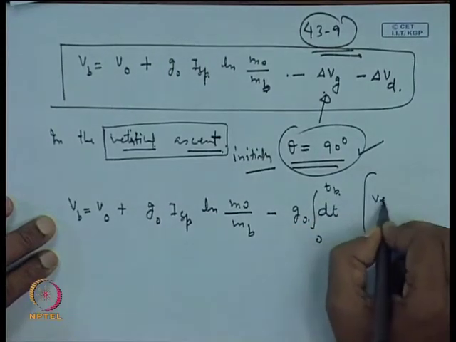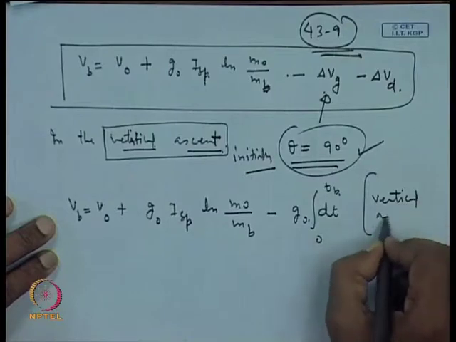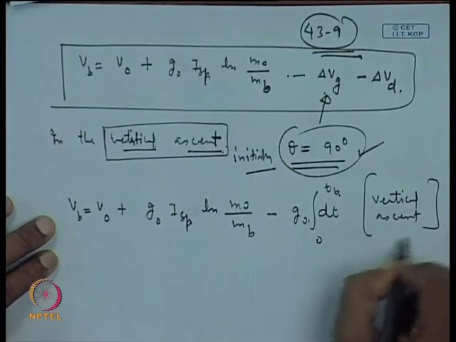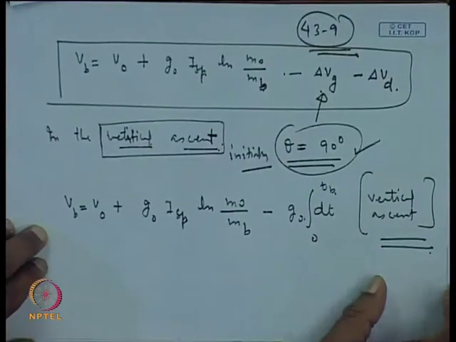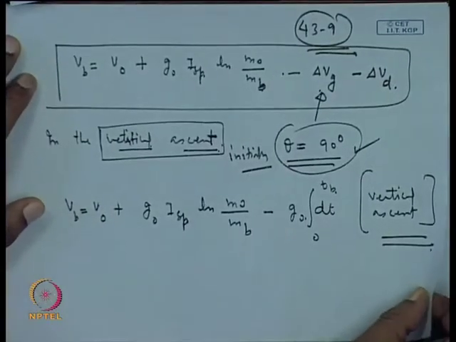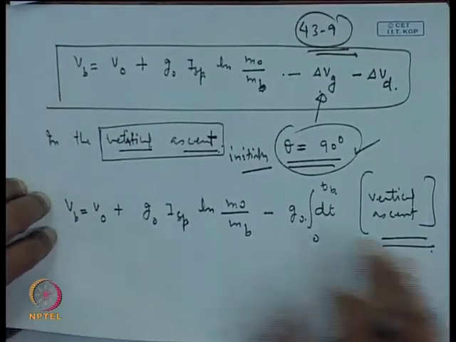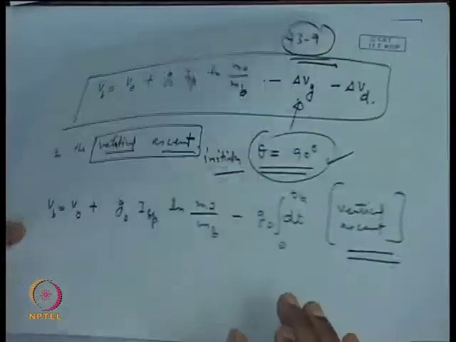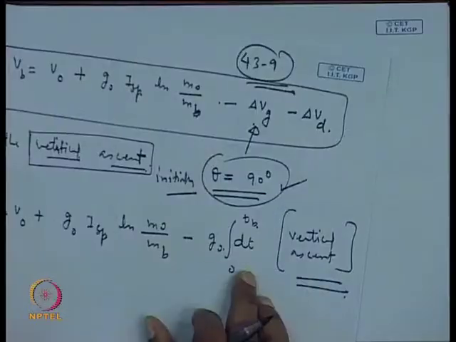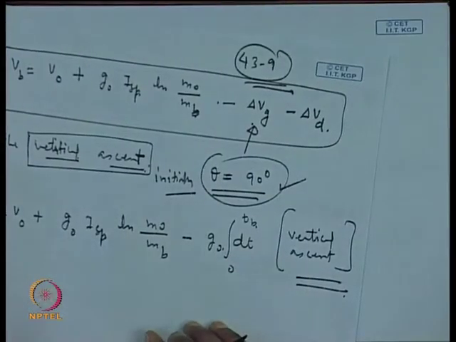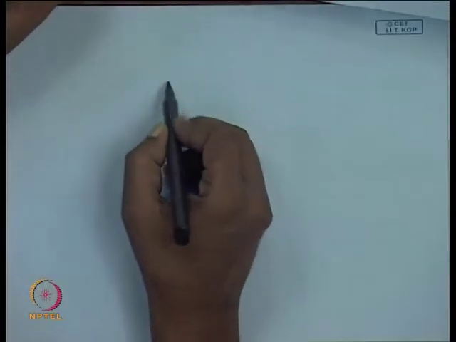This is for vertical ascent. So, this is not the real situation as we are writing here. This is just to compute how much velocity is possible if the rocket ascends vertically.